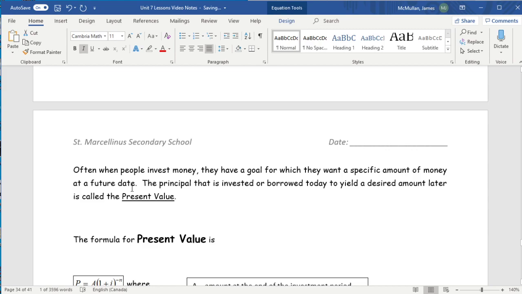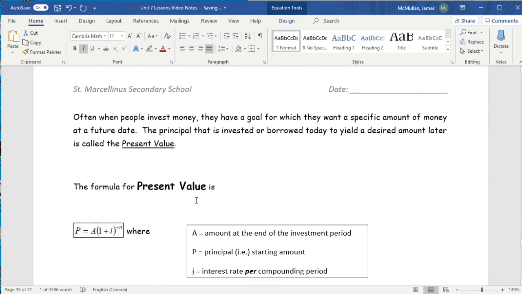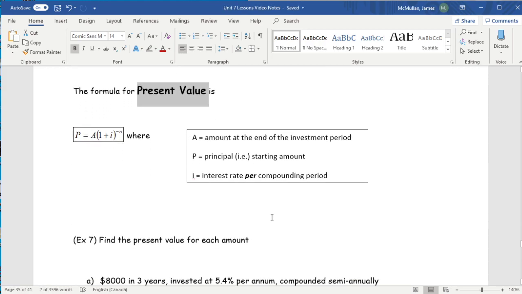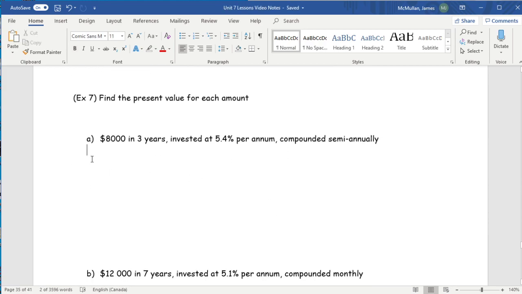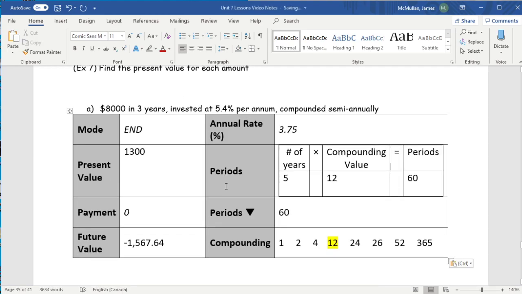Okay, now present value. A lot of questions work differently where you know the future value. What you want to know is the present value. So I have a goal I want to reach in the future. How much would I need today in order to reach that goal? So for example, let's say I wanted to have $8,000 in 3 years, and it was invested at such and such a rate and so on.